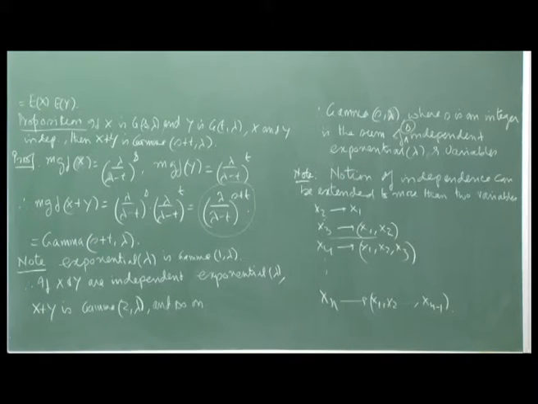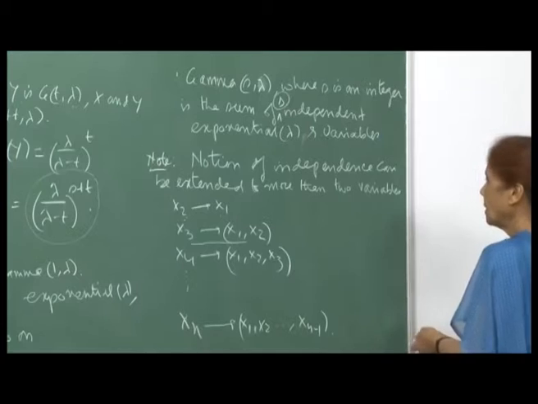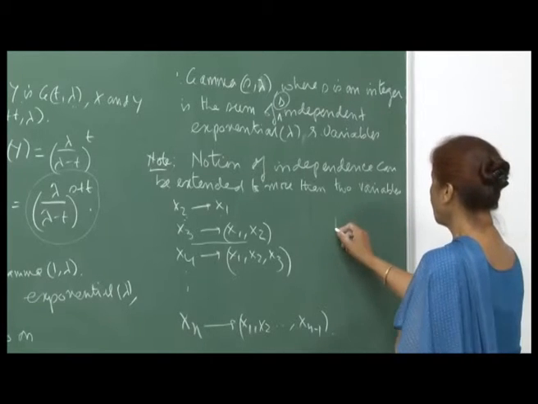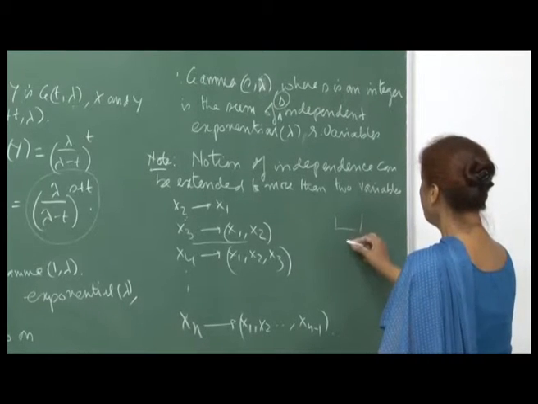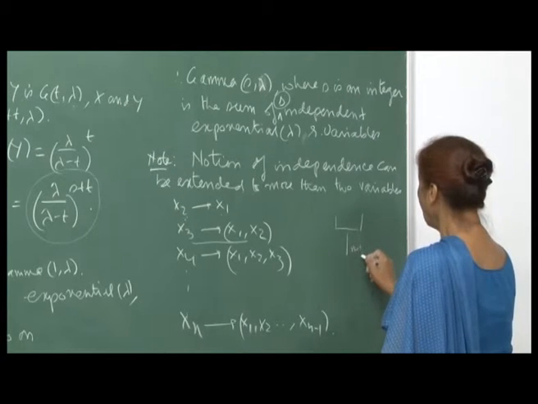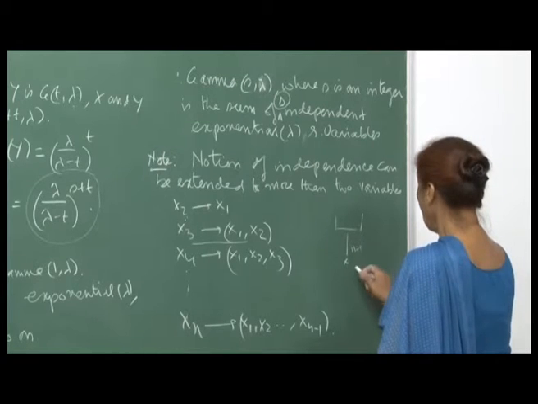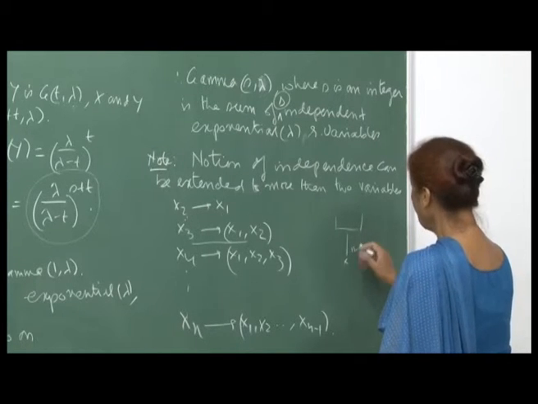And if you remember, when I was talking of the gamma distribution, we had said that suppose there is a service counter and there are n minus 1 people ahead of you, you are the nth person, then gamma n lambda gives the time that you have to spend.